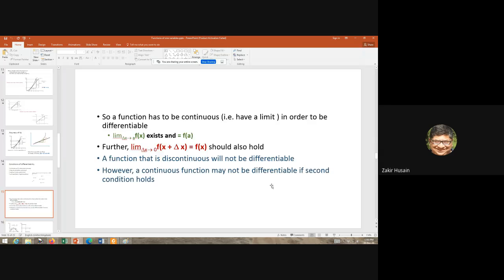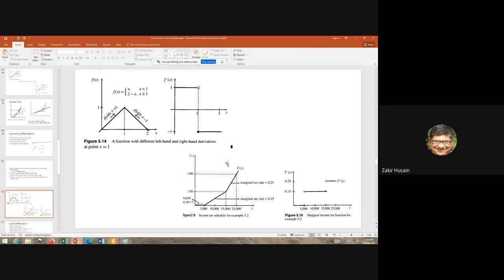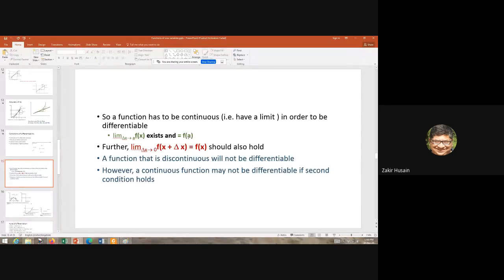So we looked at the concept of differentiability, that the function must exist at that point and the limit should be there. In other words, the function has to be continuous at a particular point. And the second condition is that the limit of f(x plus delta x) should equal f(x), given that delta x is very small.